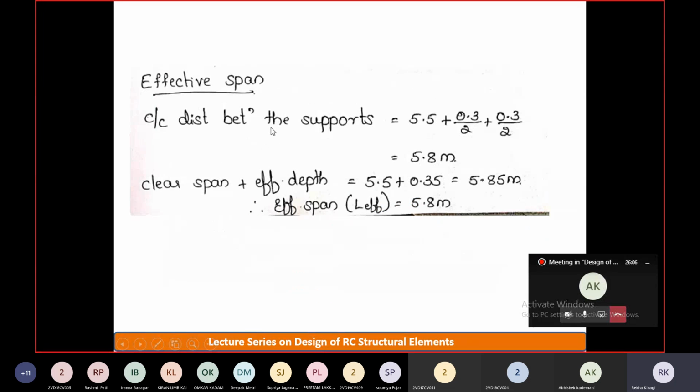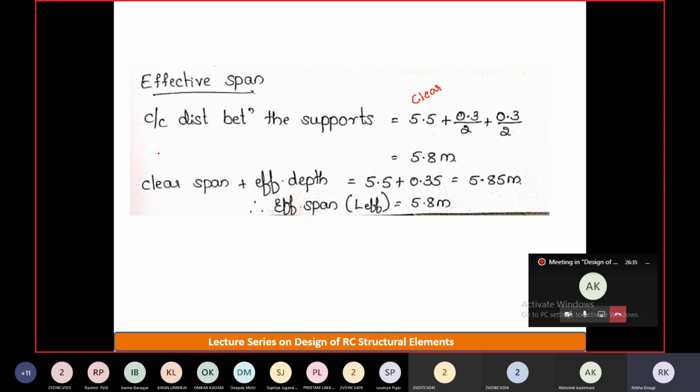The clear span is 5.5 meter, and 0.3 by 2 plus 0.3 by 2 on either side, half of the width of the support. It is going to be 5.8 meter.